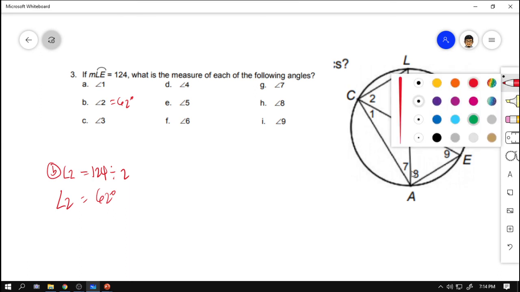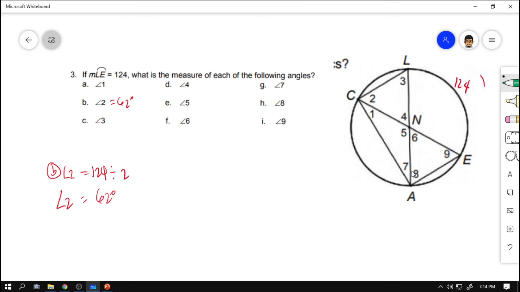So, ibig sabihin, ito ay diameter. Yung line dito, diameter. Chord CE, diameter. Okay? Kung diameter yan, ibig sabihin, itong angle na ito, at saka ito, automatic ay right.